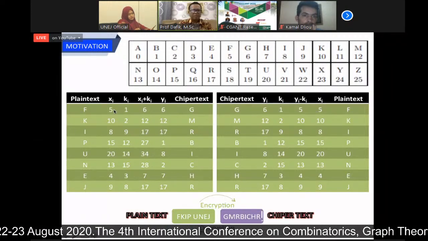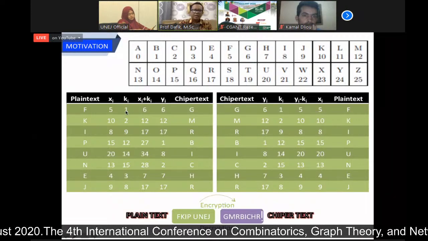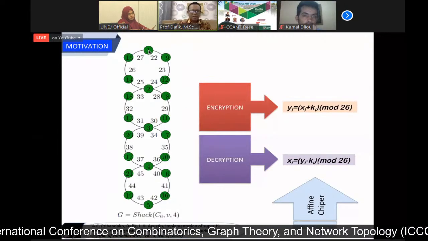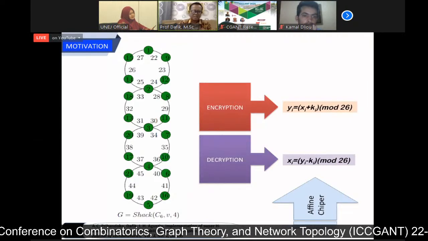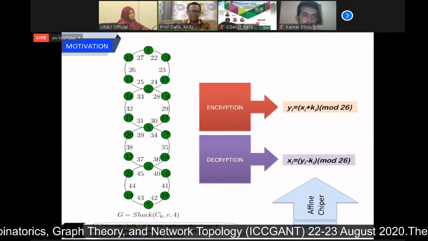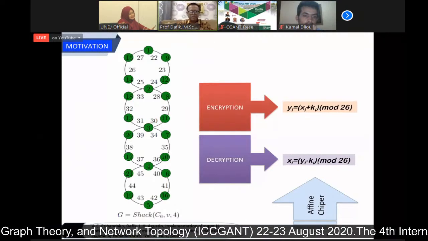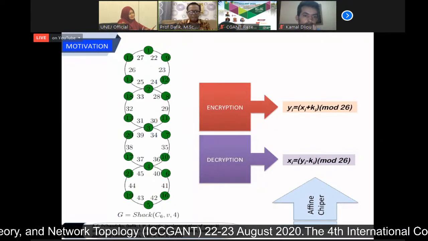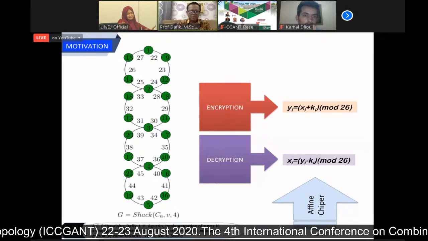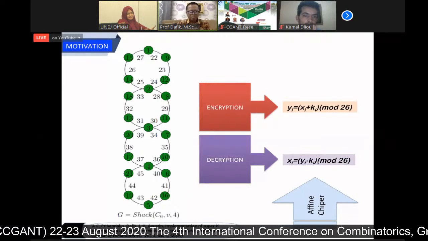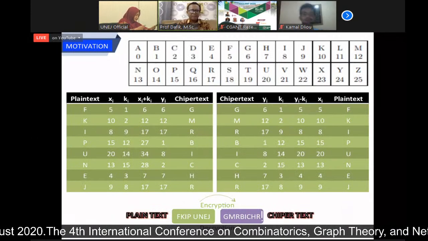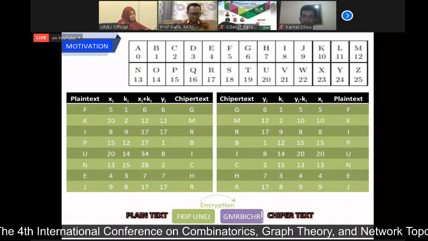What is key ki? The key comes from the labels of the cycle graph, the cycle sequence. This 1 here is the label of a vertex in the top layer. A cycle of order 6 is enough for constructing the ciphertext from the plaintext FKIP. Of course, xi plus ki is 6.